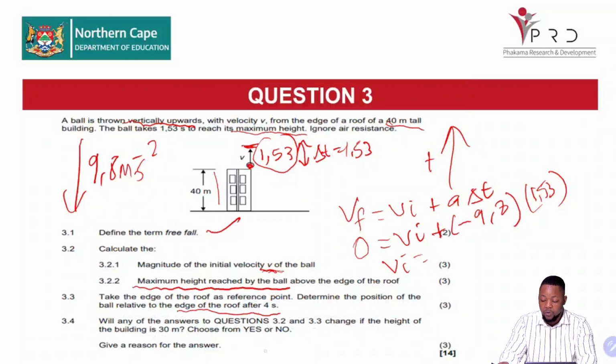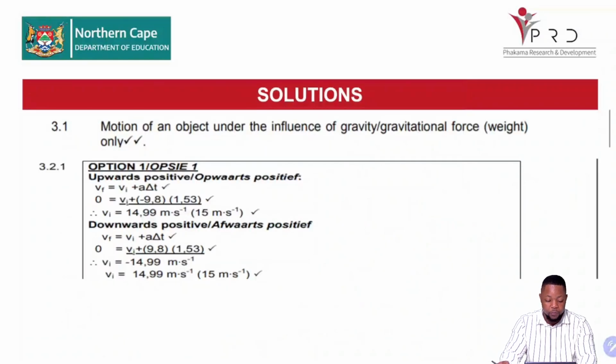Let's take you through the solutions. Now, the first one is motion of an object under the influence of gravity only. So if the word only is not there, you will not get a mark. Here, gravitational acceleration is negative, so it means upwards is positive.